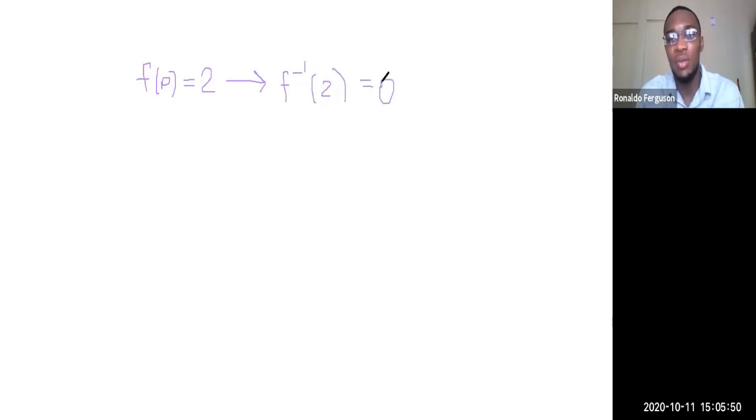Right? Because remember we said that we interchange x and y. That's what the inverse function does. Alright. So now let's use this idea to solve the question that they gave us.